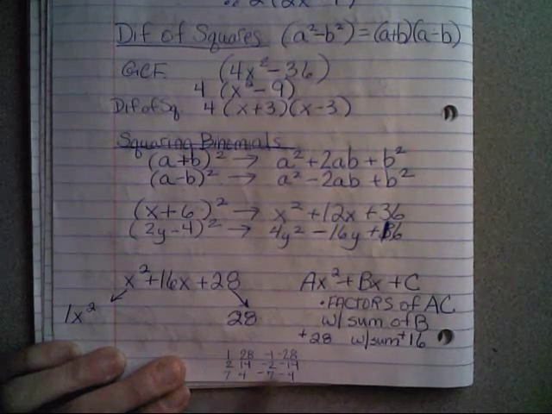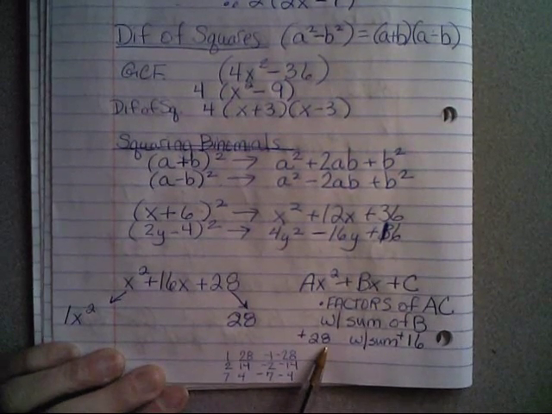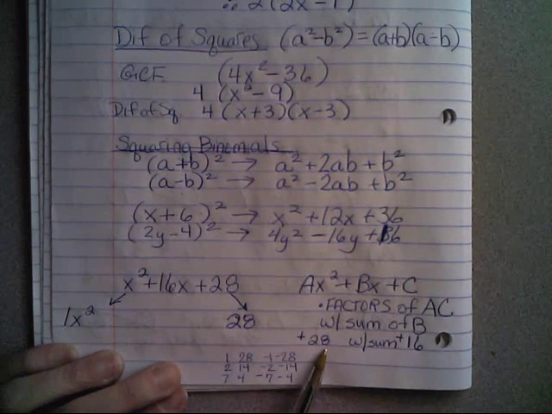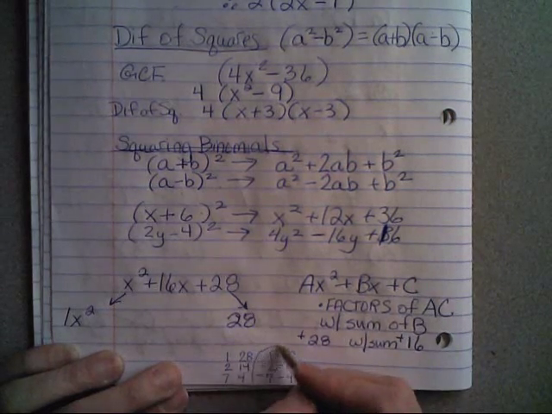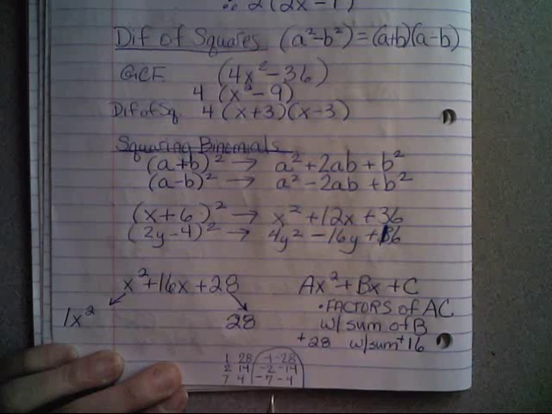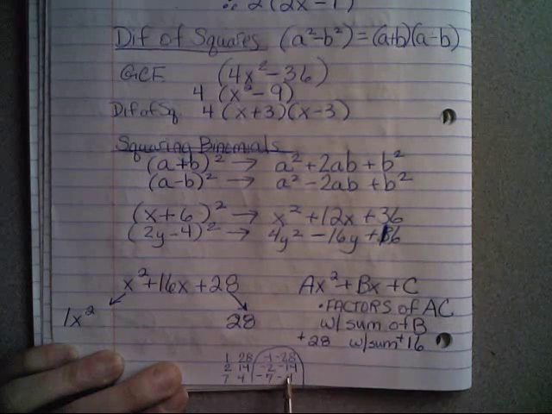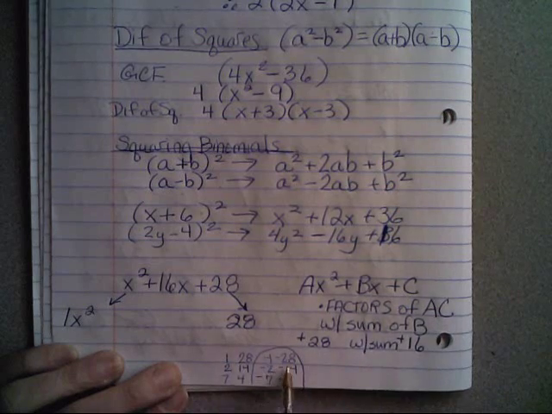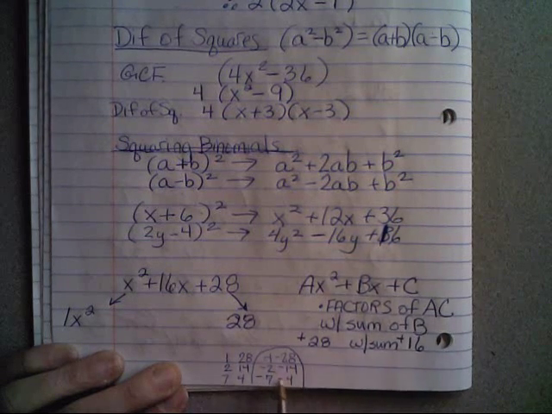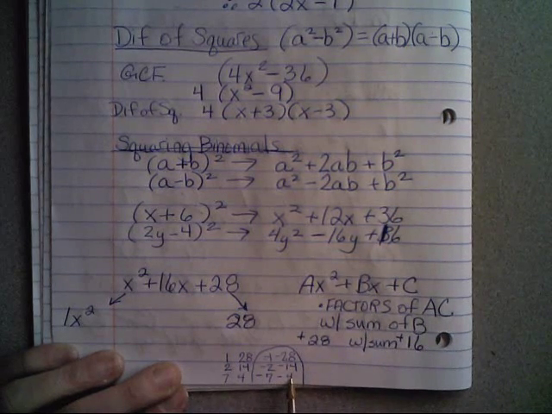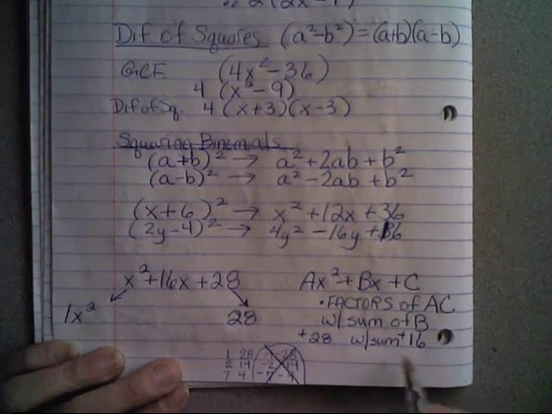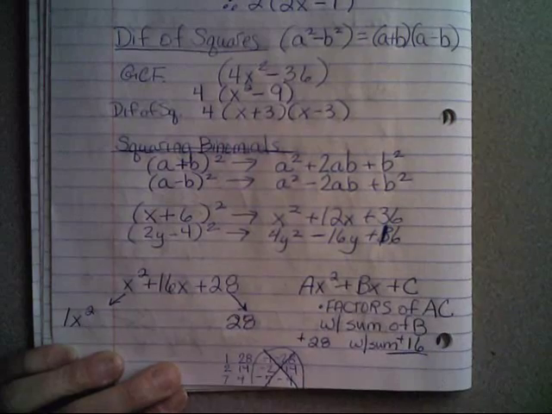Those are the factors of 28. There's one whole group that you can automatically throw out, and that's the negative side, because the negative side will add together to give you a negative sum: negative 29, negative 16, negative 11. You can throw those out because they will not fit this part of the adventure.